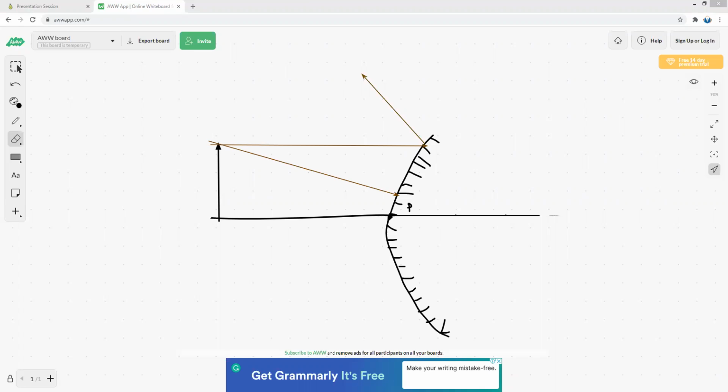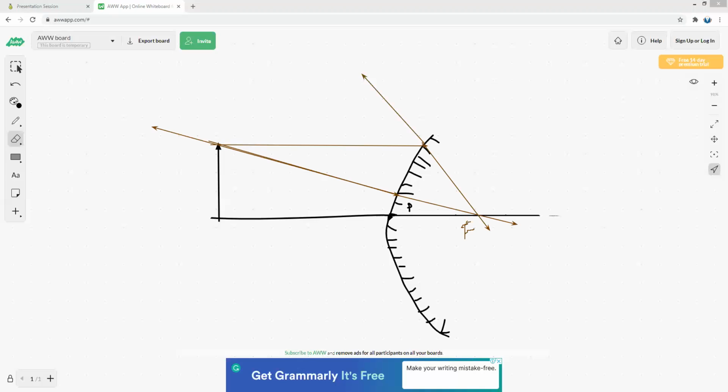So both rays don't diverge at any point, but we have to make these rays diverge. So we bring them in like this, and this, and they meet at a point which is F. This is the focus.